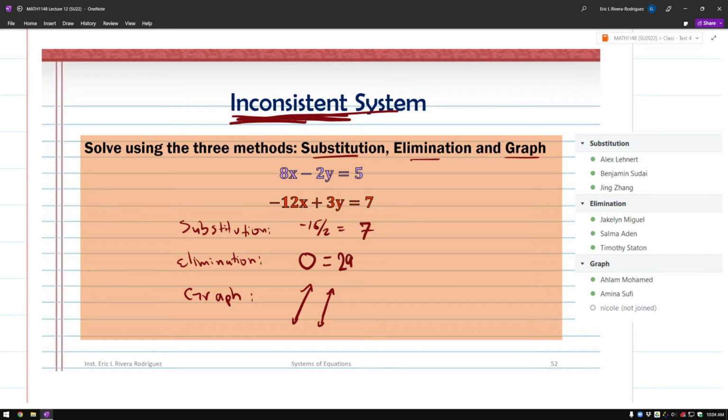This is false, right? This is false. This is an inconsistent system. That means the problem here will be the vocabulary. We said that there is no solution for this system, that there is no x and y that could be plugged into both equations at the same time and get true on both equations.